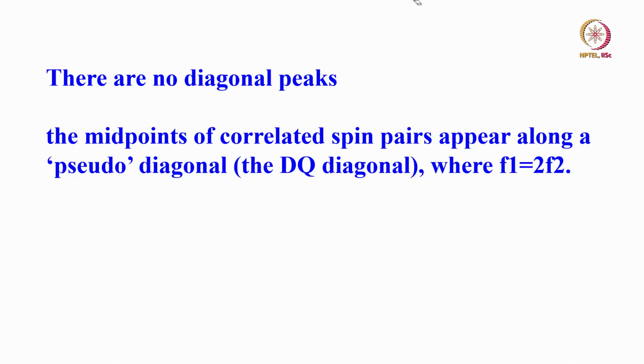Again here, though it is homonuclear, remember there are no diagonals here, diagonal peaks are totally absent, unlike COSY, TOCSY, etc. But since we are talking about double quantum, a very interesting thing happens. If you draw exactly a line at the center of the doublets along the F2 dimension, you will get a diagonal, and that is called a pseudo diagonal.